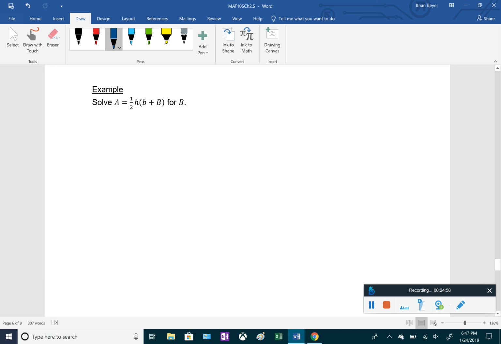Okay, next one, the area of a trapezoid formula. So we have A equals 1/2 H times b plus B, and we're going to solve that for capital B. So for the first thing that we could do here, we can multiply both sides by 2, because we need to get rid of these two things.